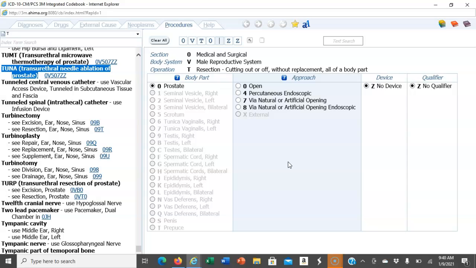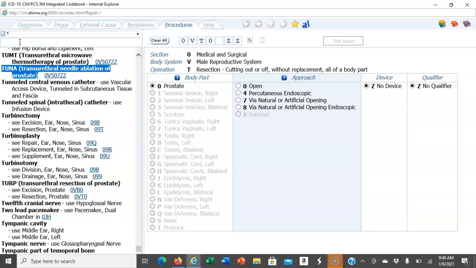In this particular example in your book, they're doing a radical prostatectomy. So this one is not a TURP, the example in your book.